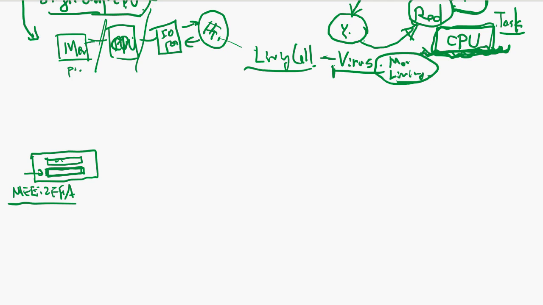So there is a memory interface to go to the memory. Memory has the program, and when the instruction register is empty, then go fetch the instruction.